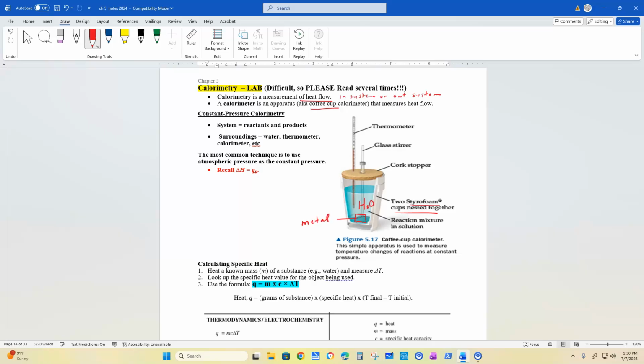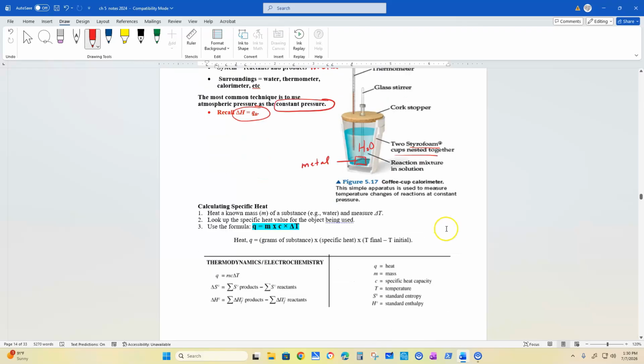Now, it can be a chemical reaction, but the first thing is a piece of metal. Your system is the reactants and the products, so in this case our system is the metal. The surroundings is everything else: the water, the thermometer, the cups, your hand, and so forth. We want to keep this under constant pressure because that way we know delta H equals Q_P.